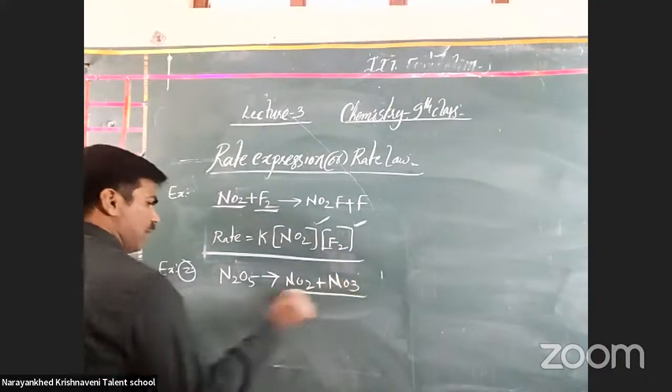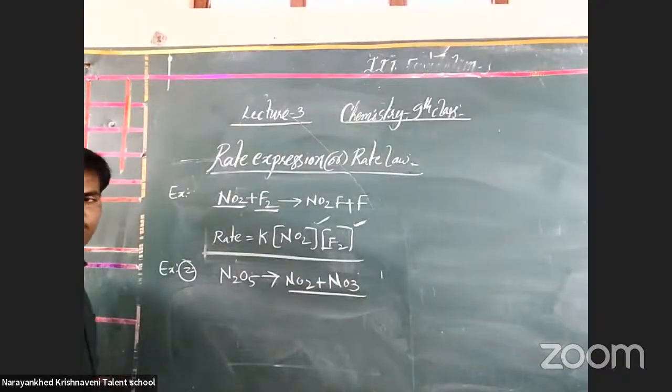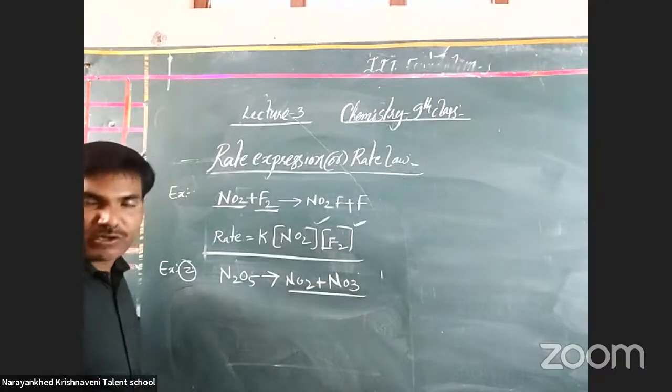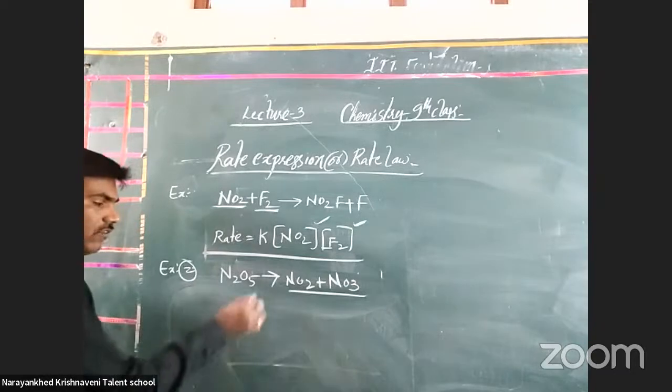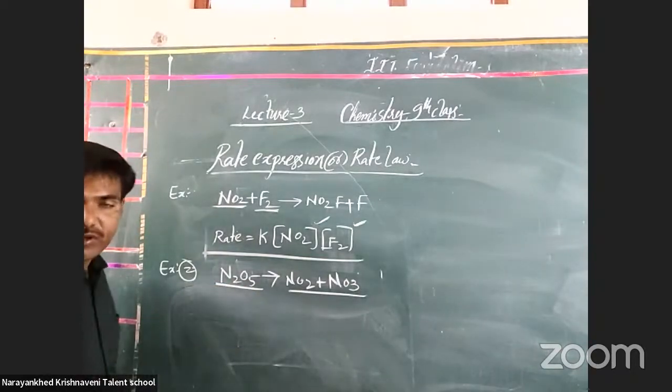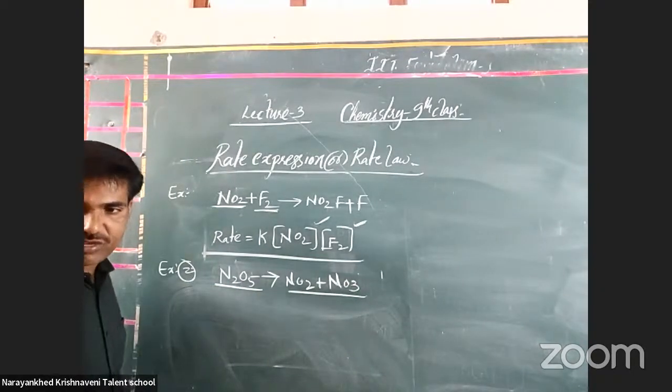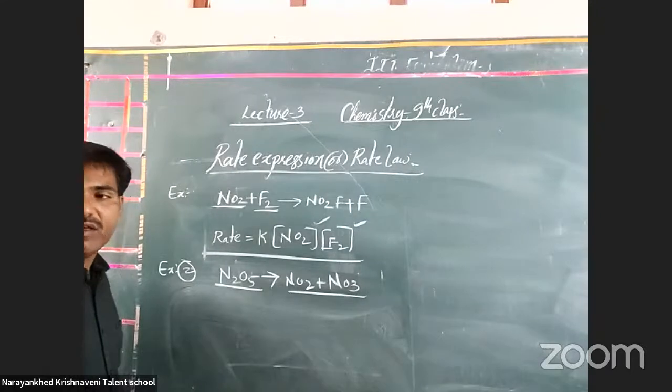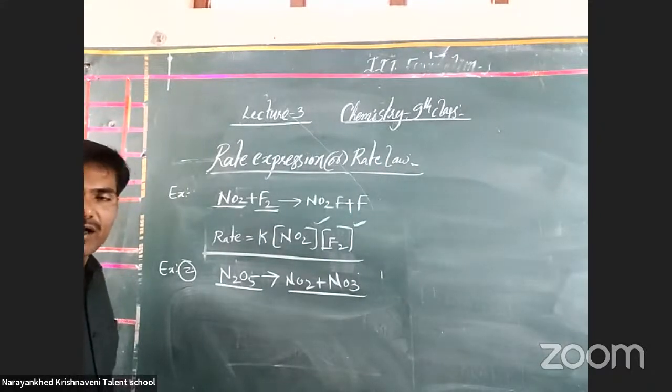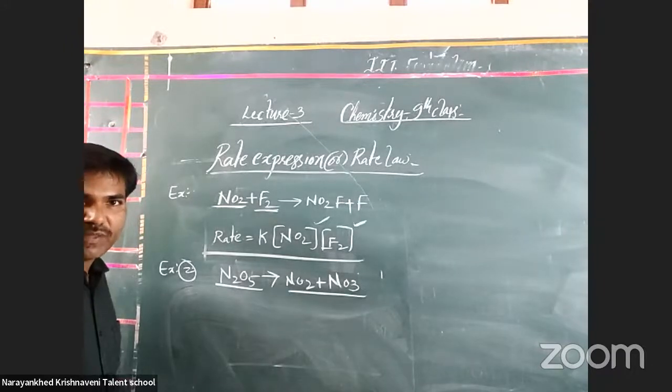The products are not an issue for the rate law or rate of reaction. We concentrate only on the rate expression and the reactants. To write the rate law or rate expression, concentrate only on the reactants, their order, and their concentration. Those are the only three concepts.